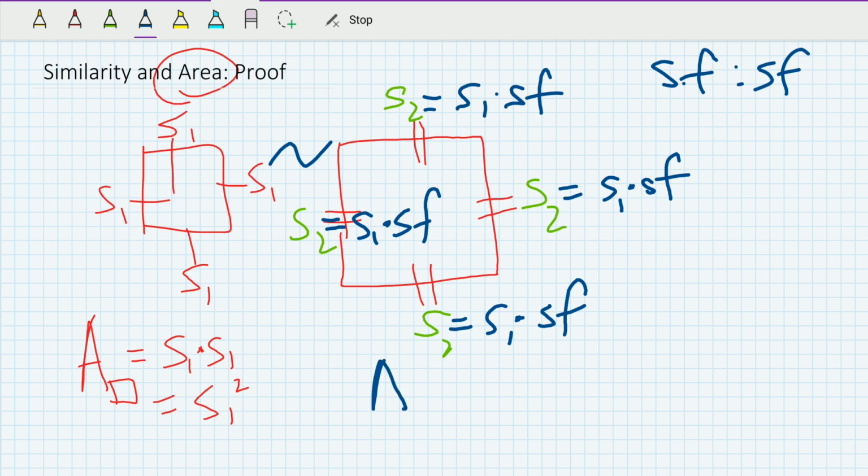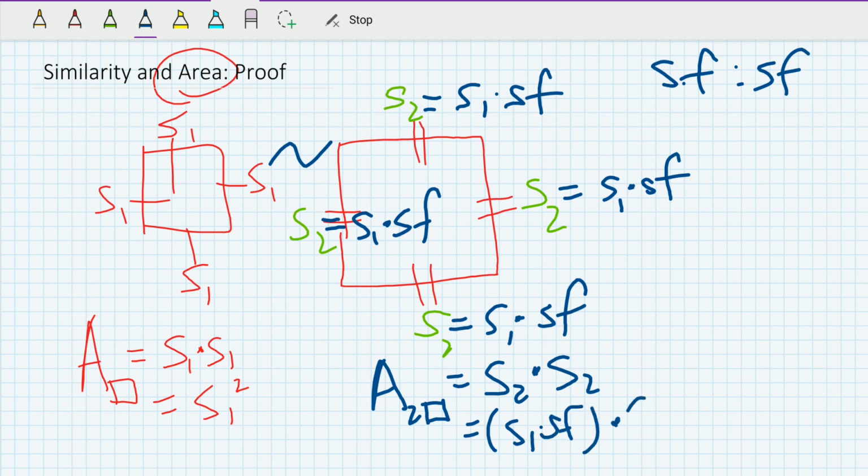The area for the second square is going to be equal to side 2 times side 2, but we know that we can rewrite side 2 using side 1. So instead of writing side 2, it's going to equal side 1 times scale factor times side 1 times scale factor.